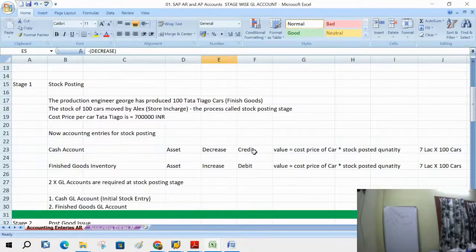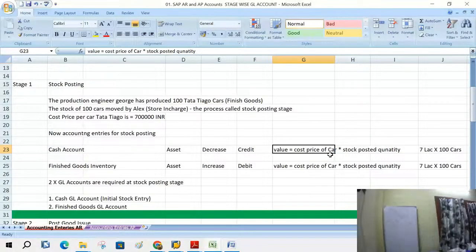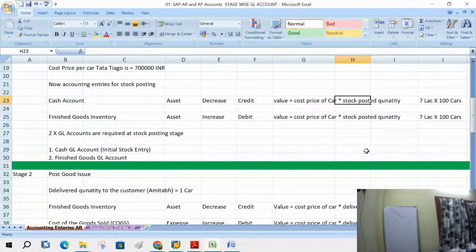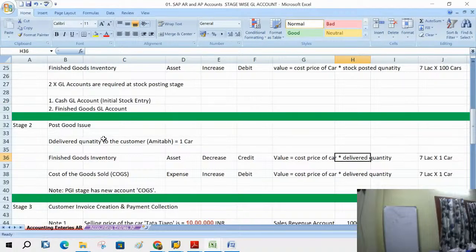Correct? By what value? The cost, which was your 7 lakhs, into the delivered quantity at your post goods issue stage. Correct. What is the delivery you have done? 500, yes or no? So why has 500,000 euro come?